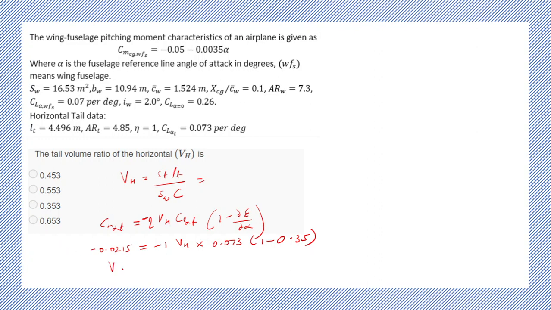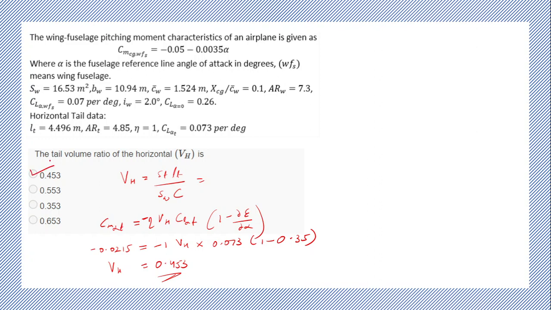Yes. So your VH will give, what will it be? 0.215. Okay, 0.45. Okay, so that is this option.